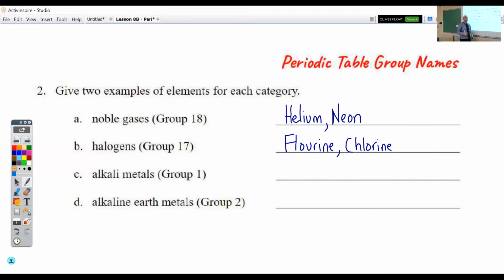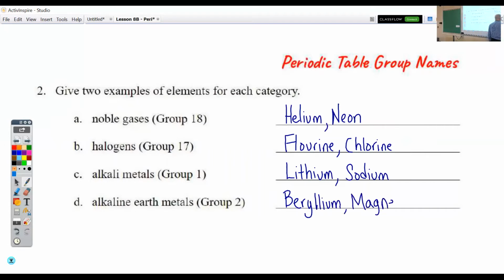From group 1, remember, it does not include hydrogen, so the next 2 are lithium and sodium. And then finally, from the alkaline earth metals, the first 2 are beryllium and magnesium. So 2 from each of those 4 columns on the periodic table.